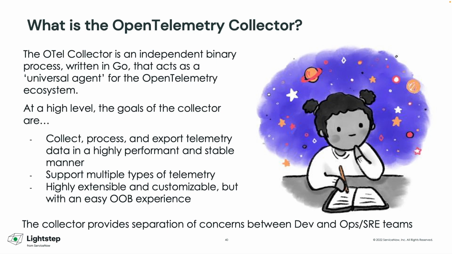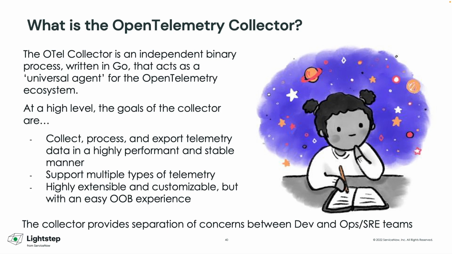Moreover, the OpenTelemetry collector supports multiple types of telemetry data and also multiple formats of this data, so that it can be used to transform or translate any information from a specific source format to a different export format.